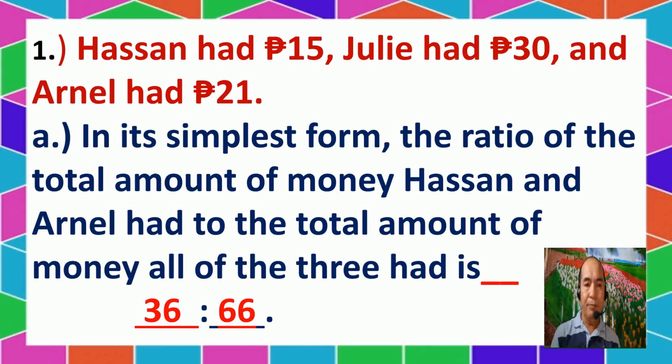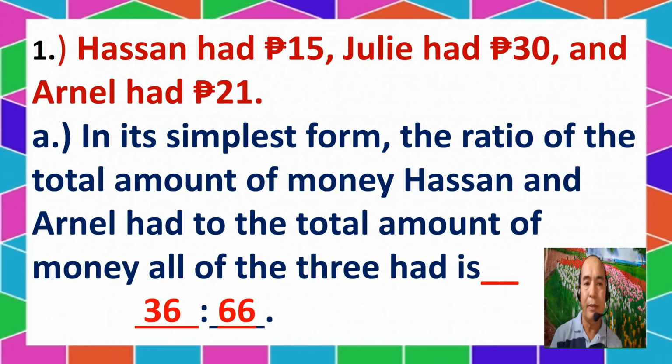Okay, we will now simplify the problem and solve. We will perform what the problem says so that we can have our ratio. According to the problem, in its simplest form, the ratio of the total amount of money of Hassan and Arnel to the total amount of money of all the three.